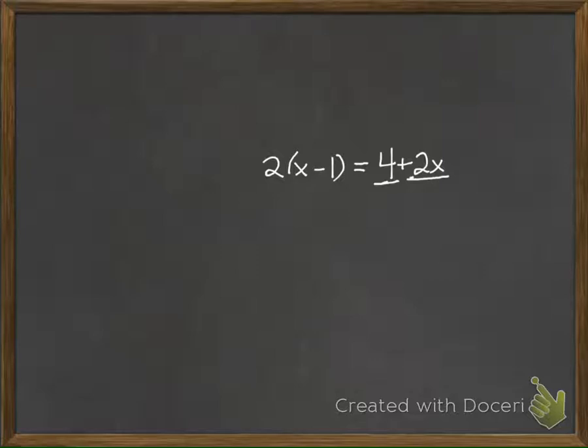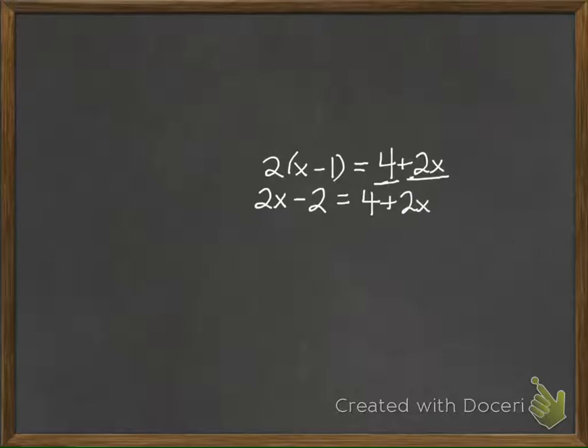On the left-hand side, though, once again, I have parentheses, which means the first thing I can do is the distributive property. So that would give me 2x minus 2 times 1, and that's going to equal 4 plus 2x.